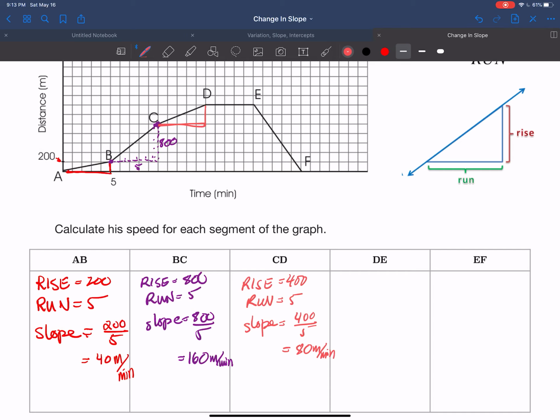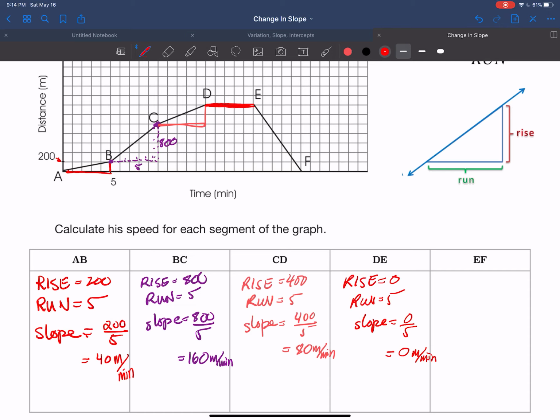Now from D to E, it goes straight across. So I have a run, but I don't have a rise. There's no up or down. So my rise would be 0. My run is still 5. My slope would be 0 over 5, or 0 meters per minute. So you've probably thought about it now.